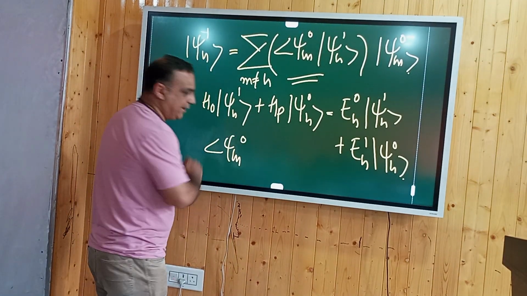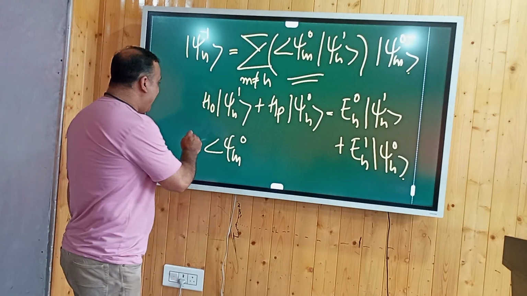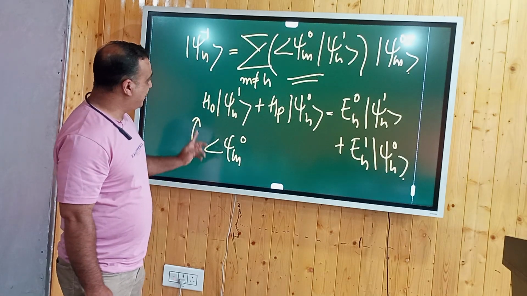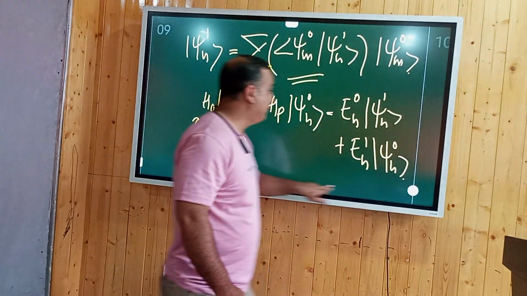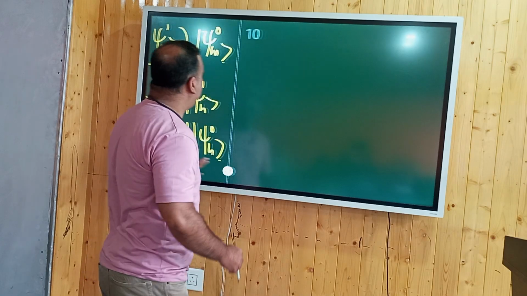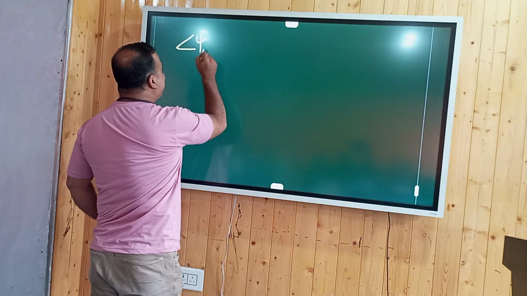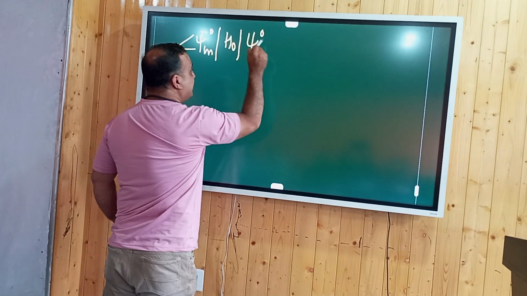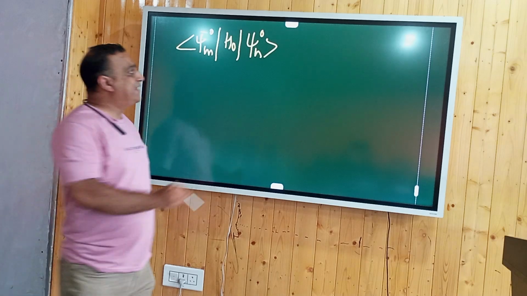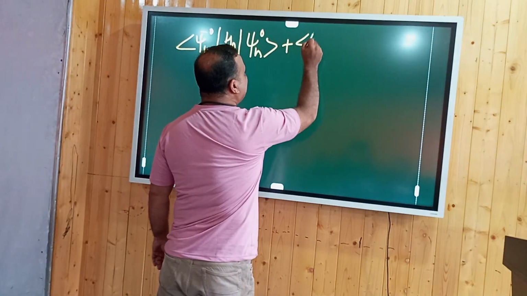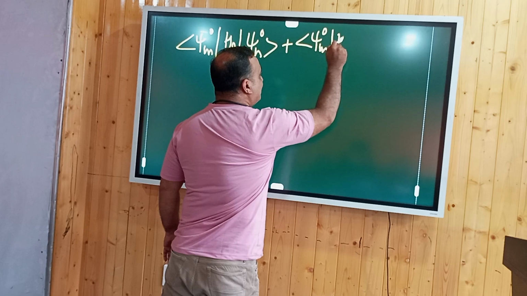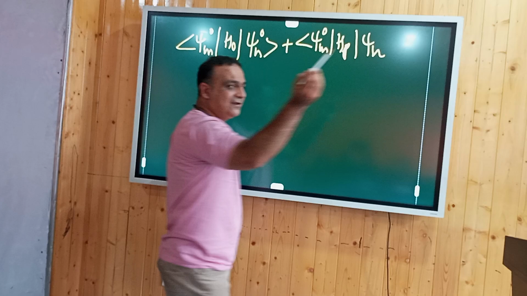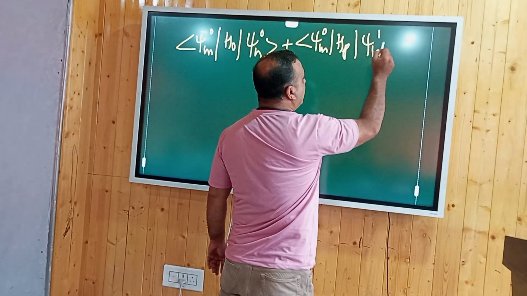So for that, I would like to multiply this equation from left by psi m naught. Okay? So for that, I should write another equation. Come on, what will be the first thing? You will have psi m naught, then H naught, then psi n naught. Is this clear? Plus the next term will be psi m naught, then the perturbation, then psi n1.